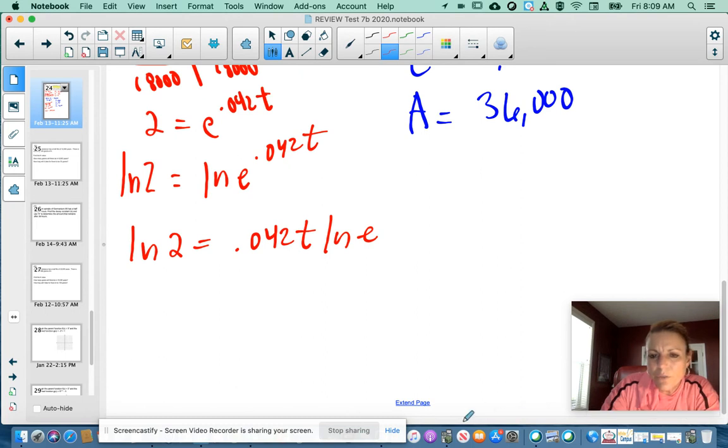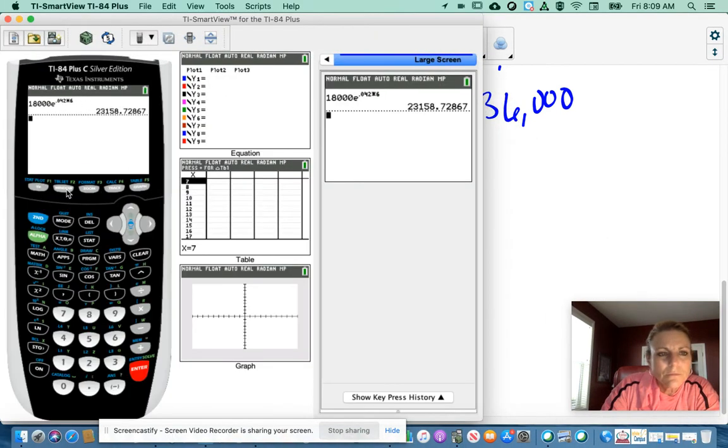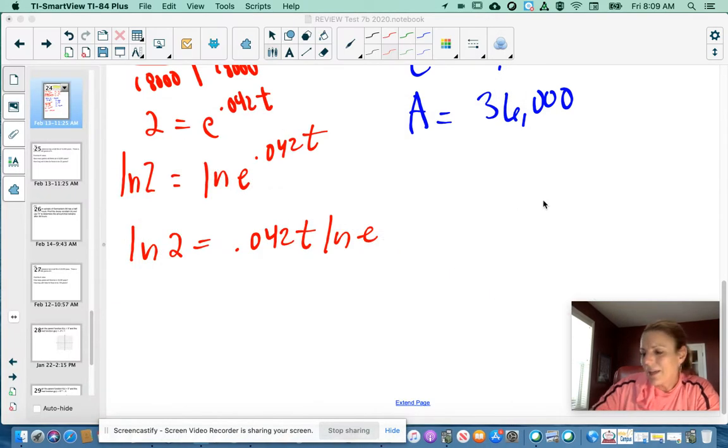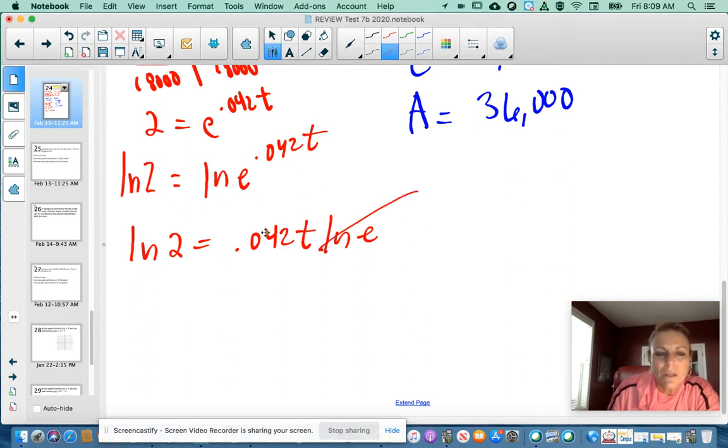Let's show you. If we type in ln, now I want second ln to the first. That's 1. And actually, I should have caught it way back here because look what we're doing. We're ln'ing an e. I could have just canceled those and brought down the 0.042t. Doesn't matter. Either way.